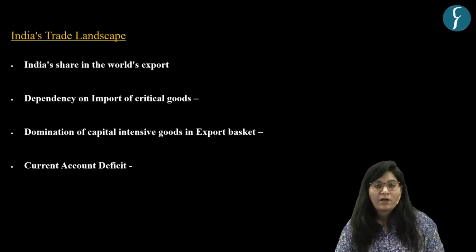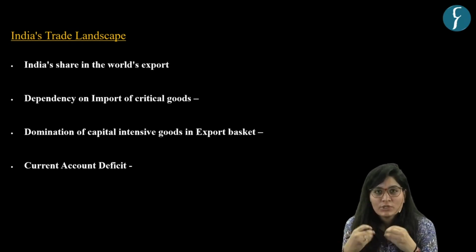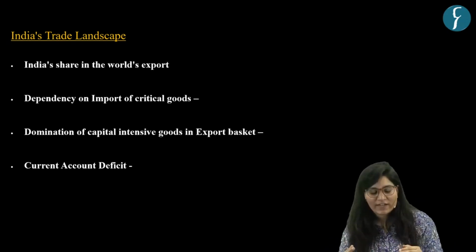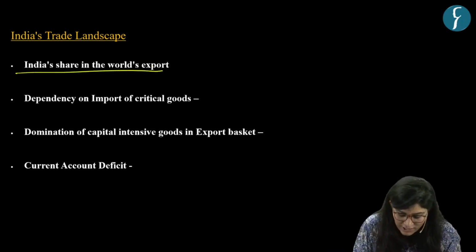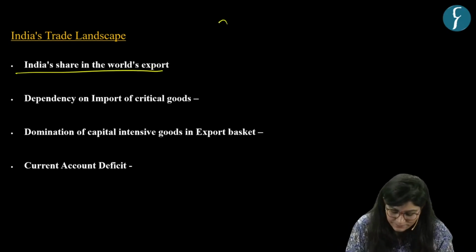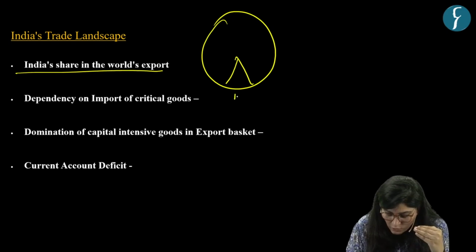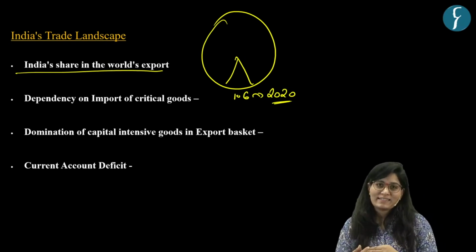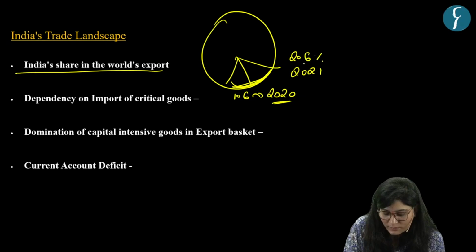Now, why do we need the export-led model? Before that, you need to understand the current scenario of India's trade, or you can say India's trade landscape. Got it? So first, India's share in the world export market is quite low, or you can say it was stagnant till 2020. It was 1.6% till 2020, but it witnessed an upmark in 2021, and currently it is 2.6 percent.